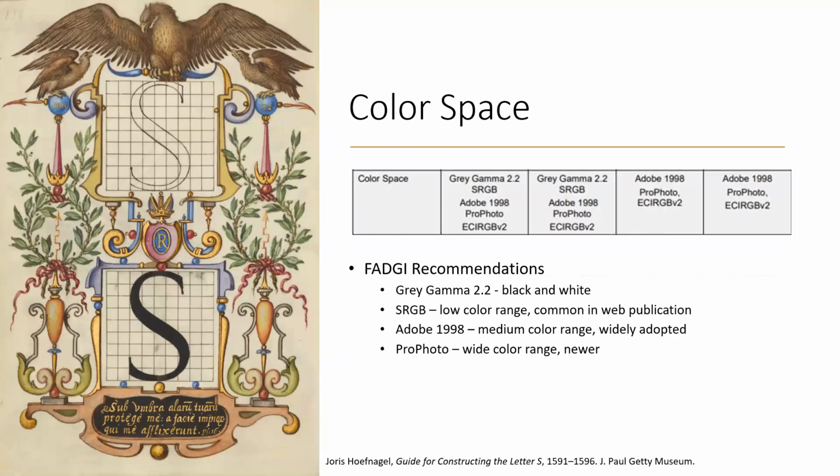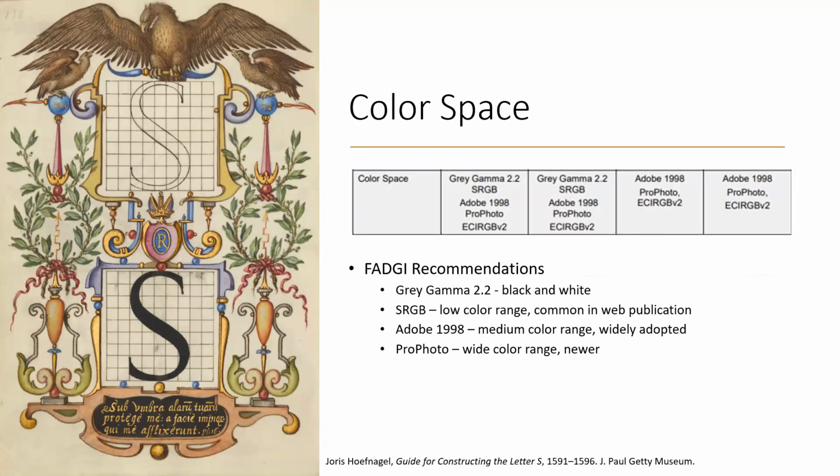So for color space, FADGI has a few that they recommend throughout their guidelines, but very simplistically, gray gamma is for black and white. sRGB has a small range of colors and is suitable for things such as newspapers and general collection documents.